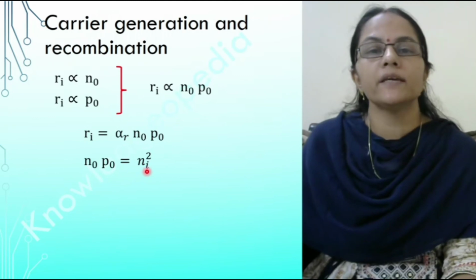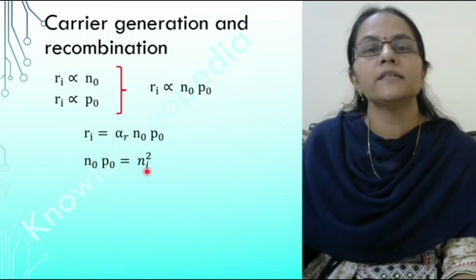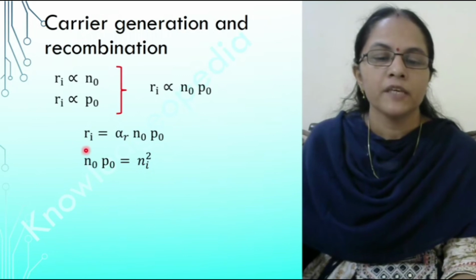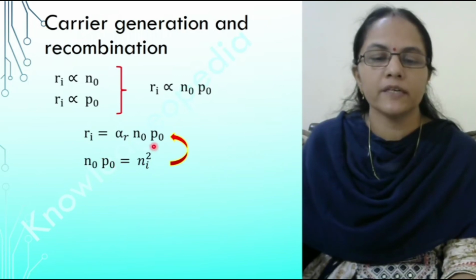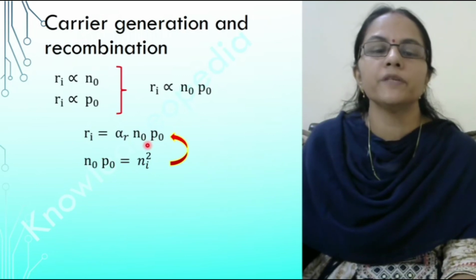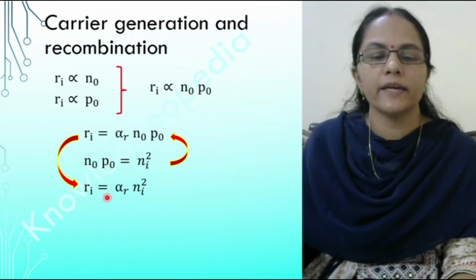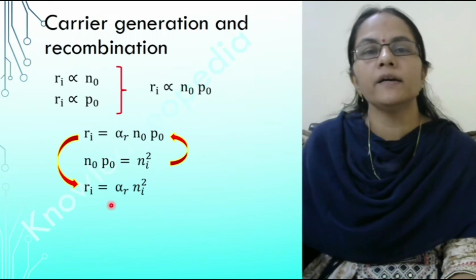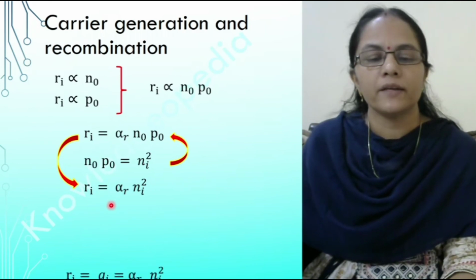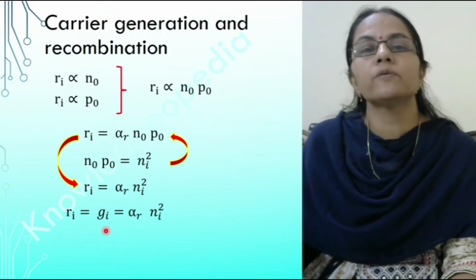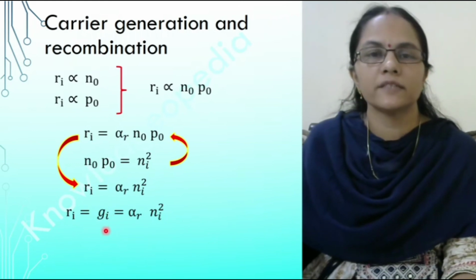What is ni over here? That is the intrinsic carrier concentration. Using this, in place of n0 p0, if I substitute ni square, what will we get? We will get Ri is equal to alpha R ni square, and this is also equal to the generation rate.